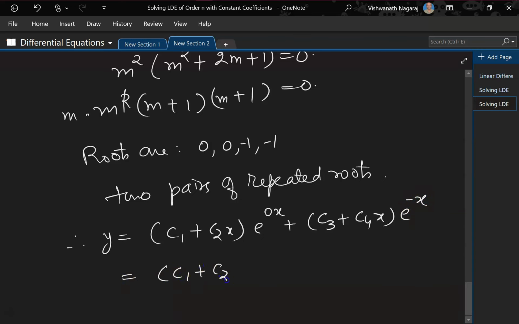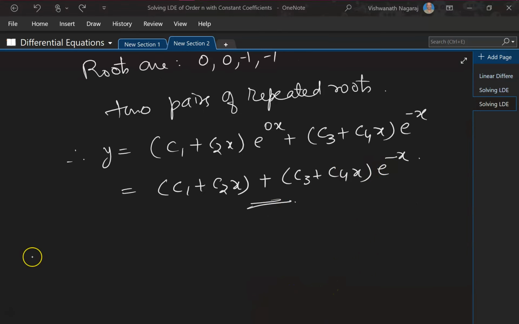So (c1 plus c2x), this becomes e to the power of 0, which is 1, plus (c3 plus c4x) e to the power of minus x. So that is the solution.